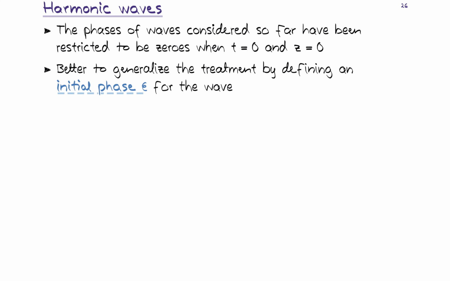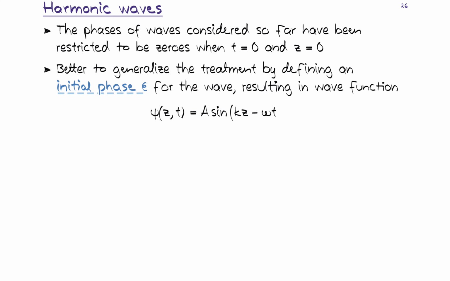And this can be simply done by introducing the concept of initial phase, epsilon, for the wave. And this then gives us a wave function of the form psi equals the amplitude A times sine. And now inside the phase term, we have the similar kz minus omega t, and now plus the initial phase epsilon. And this is the initial phase that then adjusts the original phase of our wave.